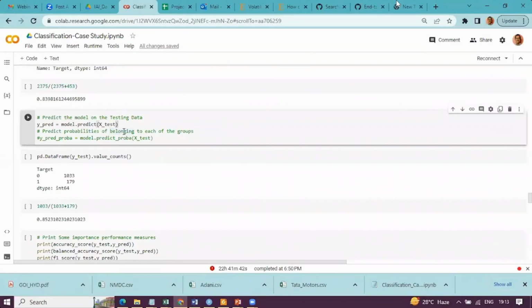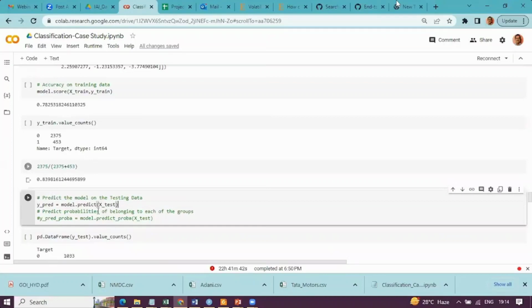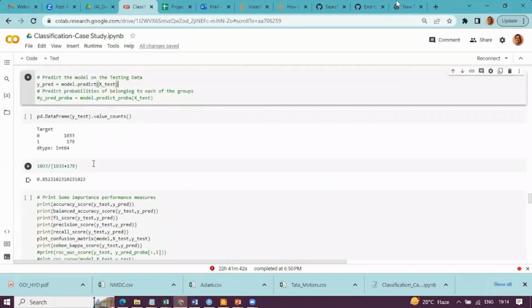So in the next step, I am predicting with the same model that got created. I am predicting that model on the test data. You can also find out the distribution of zeros and ones on the test data as well.